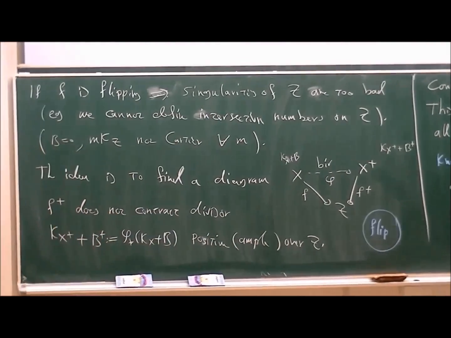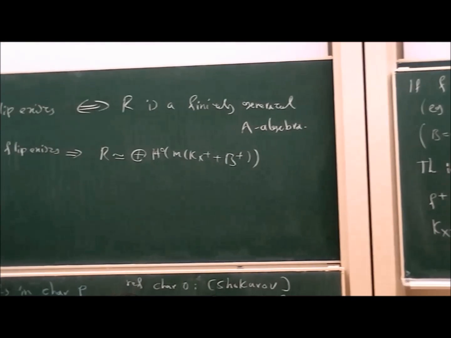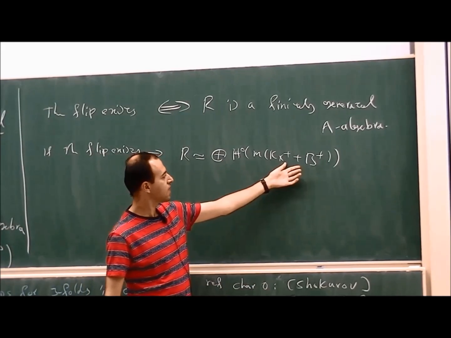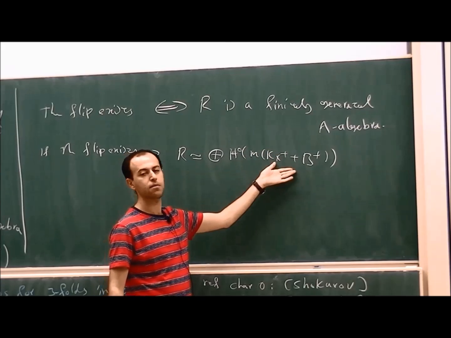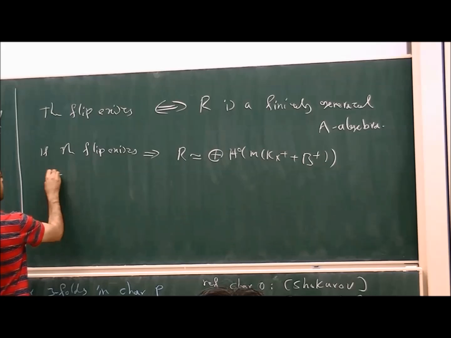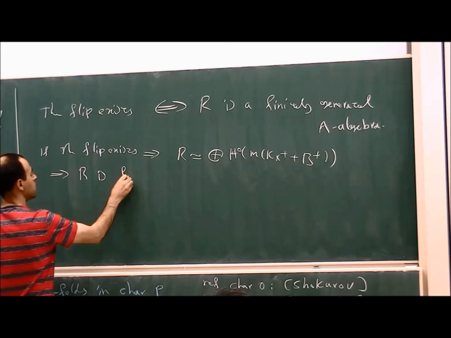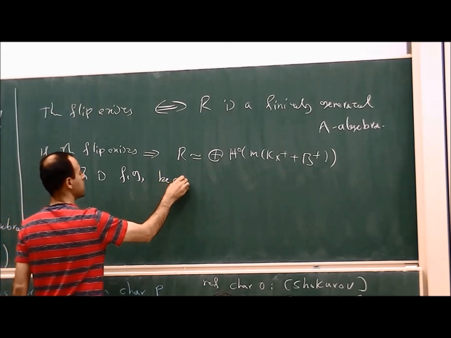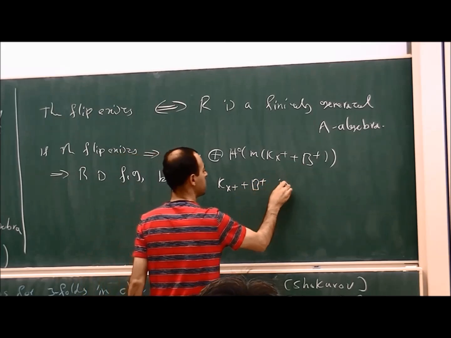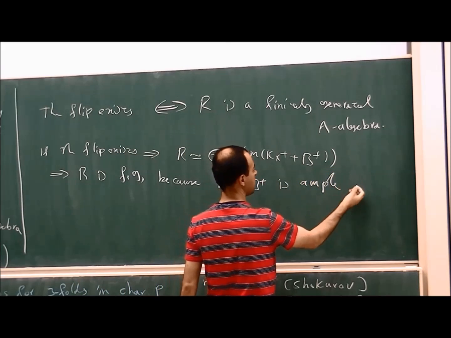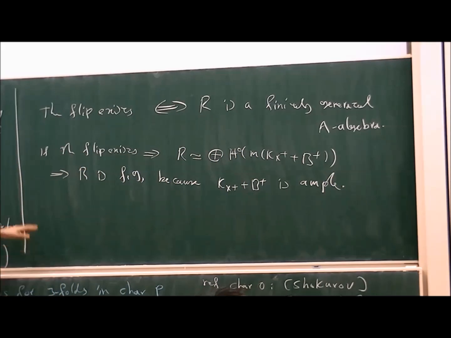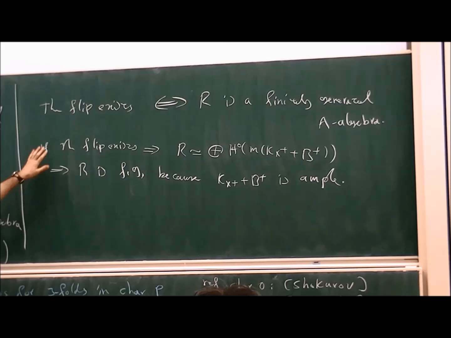So this is a trivial statement. There is nothing deep about it. And now we use the fact that this is ample over Z. So when you take the ring of some ample divisor, again for some elementary reason, it's going to be finitely generated. So this is finitely generated because this is ample. So ample over Z, but Z is affine, so ample is the same globally or relatively. So that's how you go from here to there.